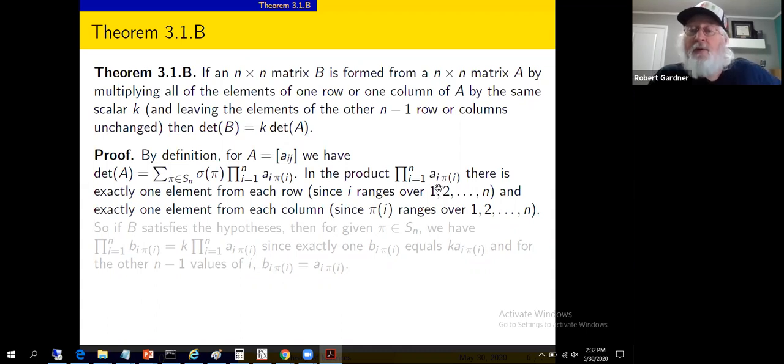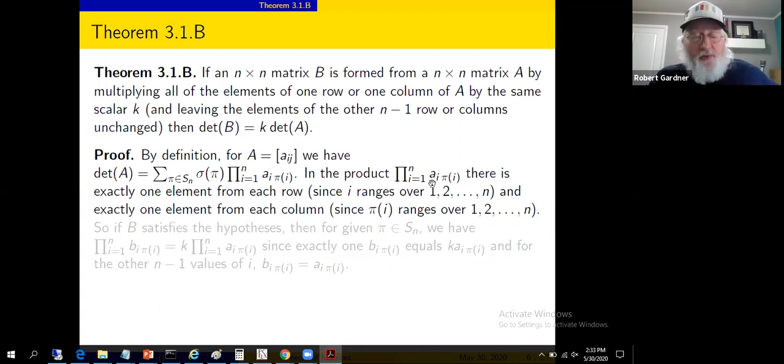As we said earlier, that index i takes on the values 1 through n, each of those values exactly once in order. Pi of i takes on each of the values 1 through n as well. Not sure about the order, but it takes on each of those values exactly once. So when we do this product, our attention is going to be on one of the rows of A or maybe one of the columns of A. This product contains an entry from each row and an entry from each column.